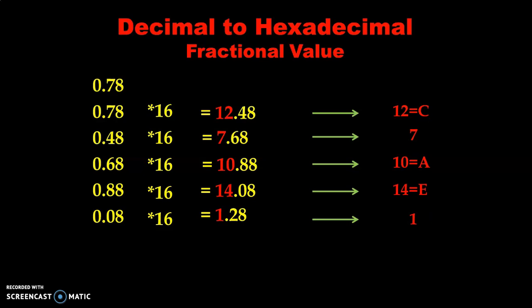Now we have completed 5 steps of repeated multiplication, but still we have not received the fractional value as 00. So we can terminate our process at this stage, right?